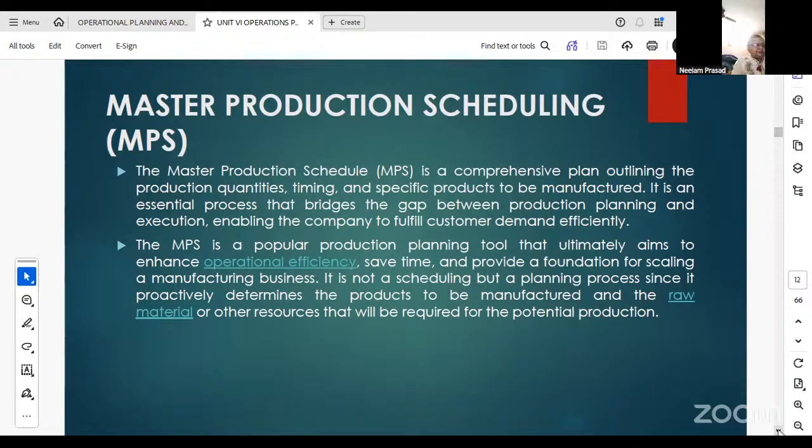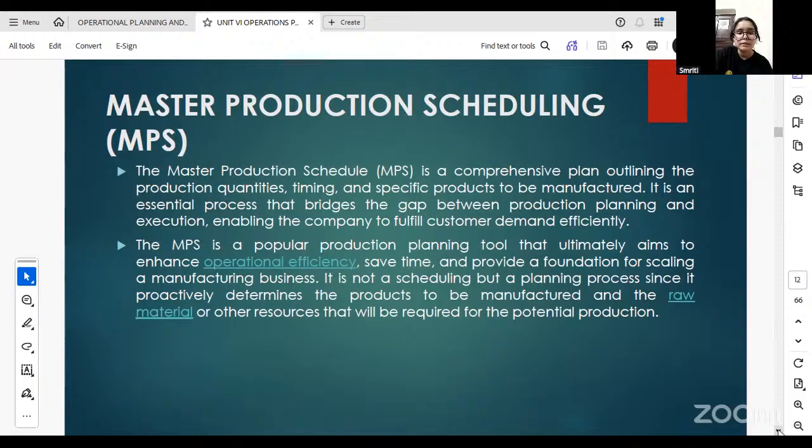Next. Master production scheduling, MPS. The master production scheduling is a comprehensive plan outlining the production quantities, timing, and specific products to be manufactured. It is an essential process that bridges the gap between production planning and execution, enabling the company to fulfill customer demand efficiently.